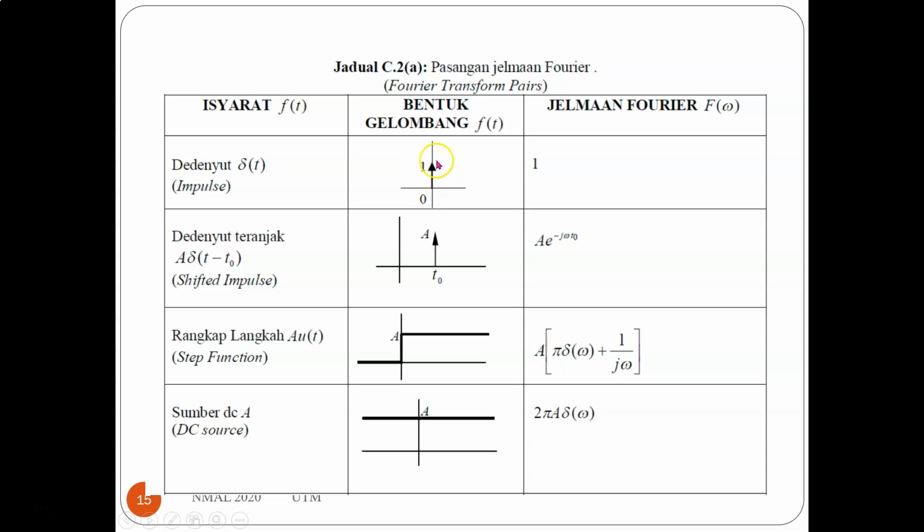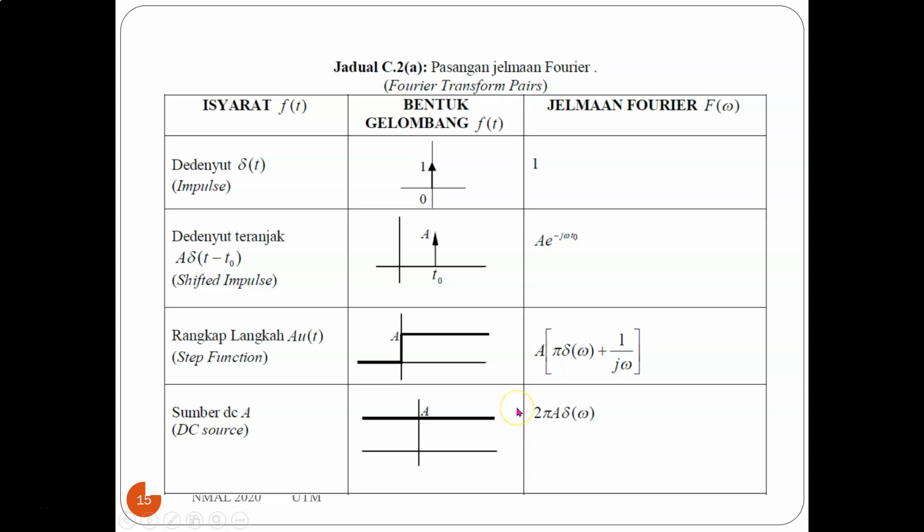This is the shape of the time domain function, and this is the Fourier transform, which is 1. And this is the shifted impulse function. If the impulse function here is shifted by t naught, the Fourier transform here will become exponent negative j omega t naught. And this is the Fourier transform for the step function, given like this.